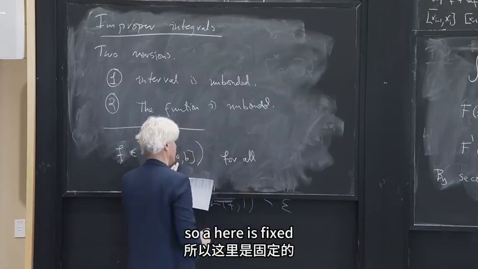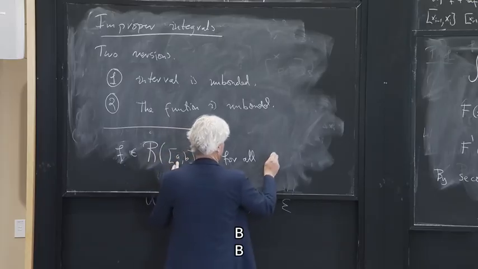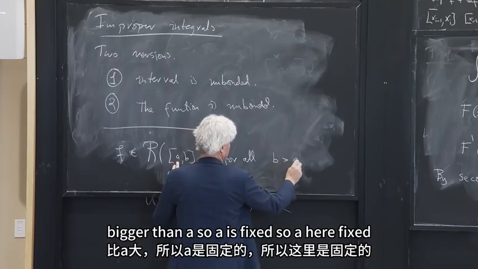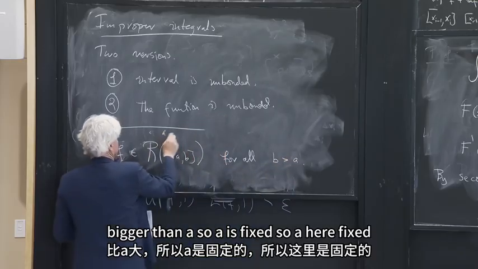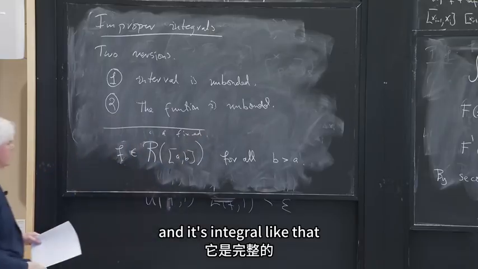So a here is fixed, but it's integrable like that for all b bigger than a.